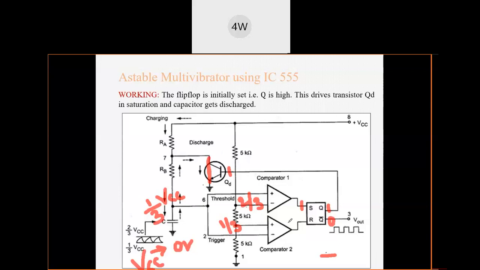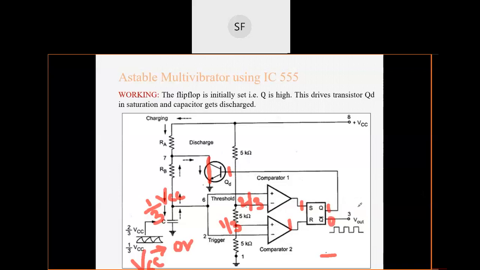R is 1 and Q is 0. So the output of comparator 2, I am just interested in comparator 2. Since this non-inverting is fixed at 1 by 3 VCC, it is not varying. But when this voltage becomes less than 1 by 3 VCC, the inverting will be less than non-inverting, means the negative terminal will be less than positive terminal. So comparator output will be equal to 1. Okay.